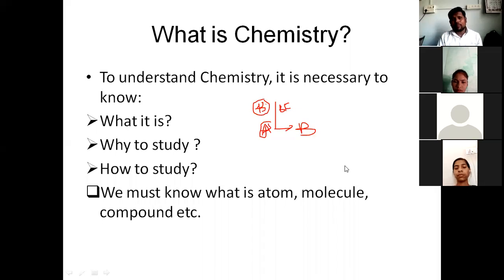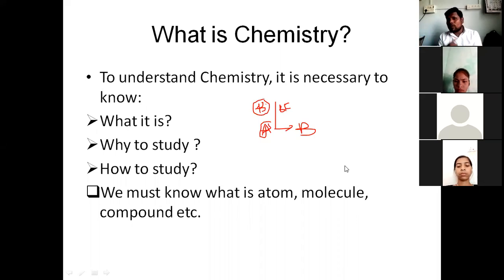And then finally, when you complete this chapter, you will understand and get the answer to this question, how to study chemistry. It is that important that you attend every lecture, and whatever I teach you, you have to read at home. You have to refer to your textbook and different reference books regarding your topic.